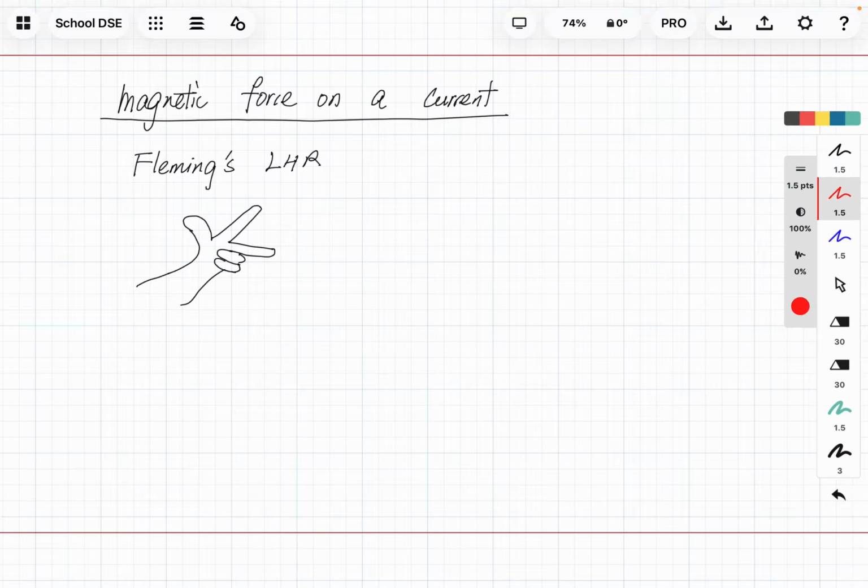If you're dealing with negative particles, for example, electrons, then what we need to do is to pretend it is positive first and then reverse your answer at the end. So this is how we do it.